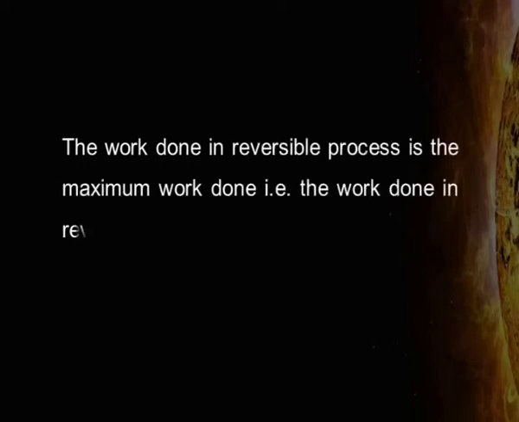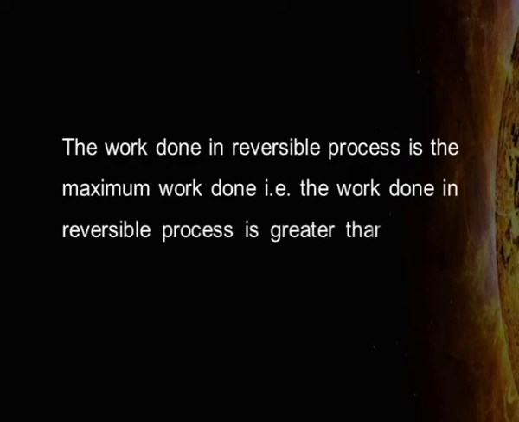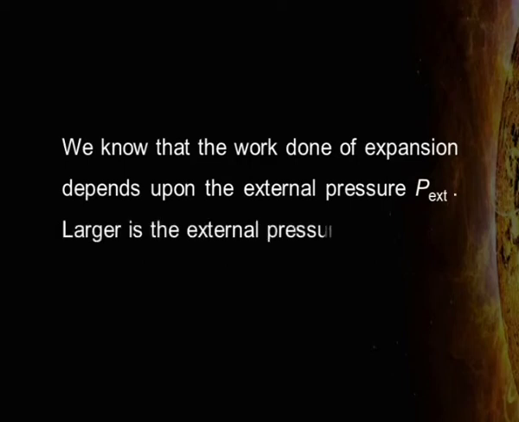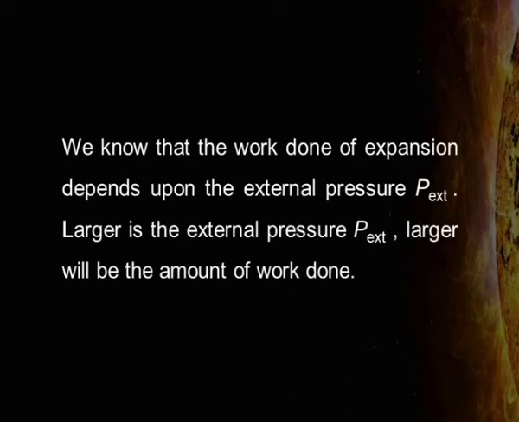The work done in reversible process is the maximum work done, that is, the work done in reversible process is greater than that of the work done in irreversible process. We know that work done of expansion depends upon the external pressure P external. Larger is the external pressure P external, larger will be the amount of work done.